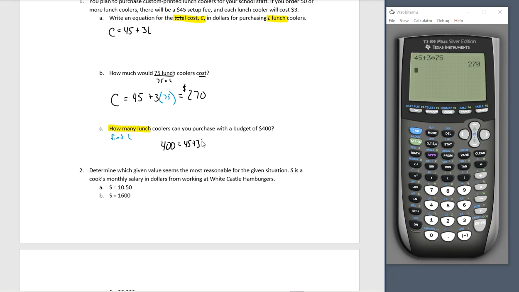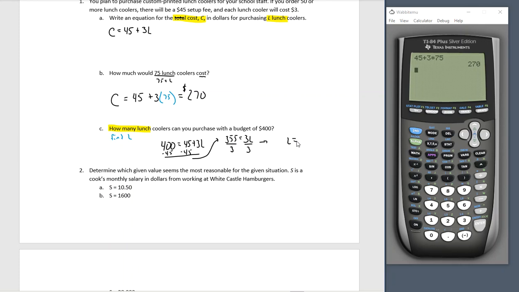In order to solve, we'll subtract 45 from both sides. 400 minus 45 is 355. Equals 3L. To get L by itself, let's divide both sides by 3.